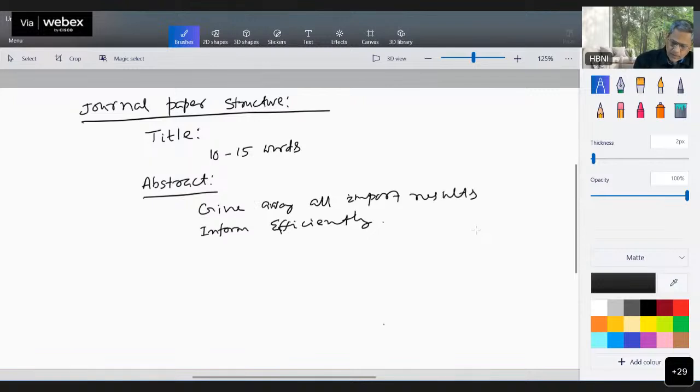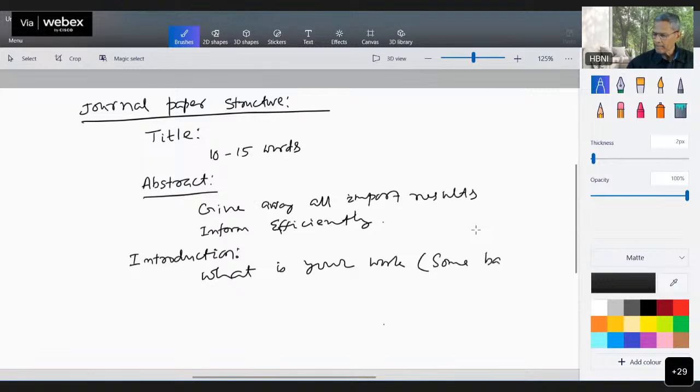Then in the structure comes the introduction. In the introduction, you have to write what your work is, give some background, why it is important, so that you mention other technical papers in the past.